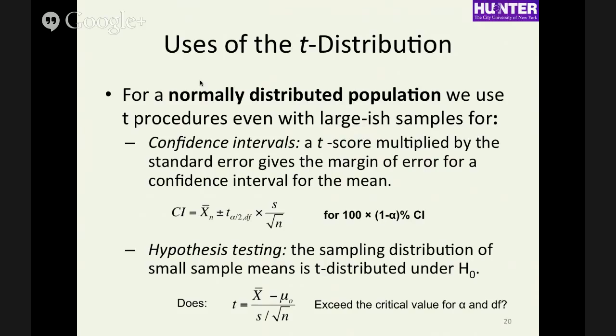But you can use the t statistic to calculate a confidence interval just like you did before using the table of z values. The only difference will be that value of t. And so for a 95% confidence interval, it's not just going to be 1.96. It's going to depend on your sample size.